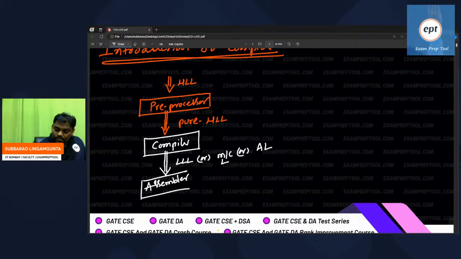That is the reason the compiler output is assembly language, because the next one is the assembler. Assembler input is assembly language. That is the reason they kept the name assembler, assembly language.